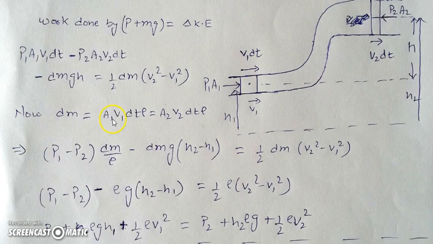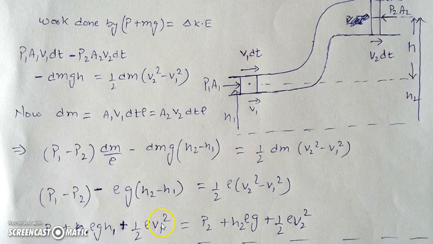To find dm, we can use volume: area into distance, area into width, volume into density. These two volumes will be equal, so just by replacing density, this is the equation of continuity. Also we can replace the value of dm in the above equation, and we'll get p1 plus rho g h1 plus half rho v1 square is equal to p2 plus rho g h2 plus half rho v2 square.